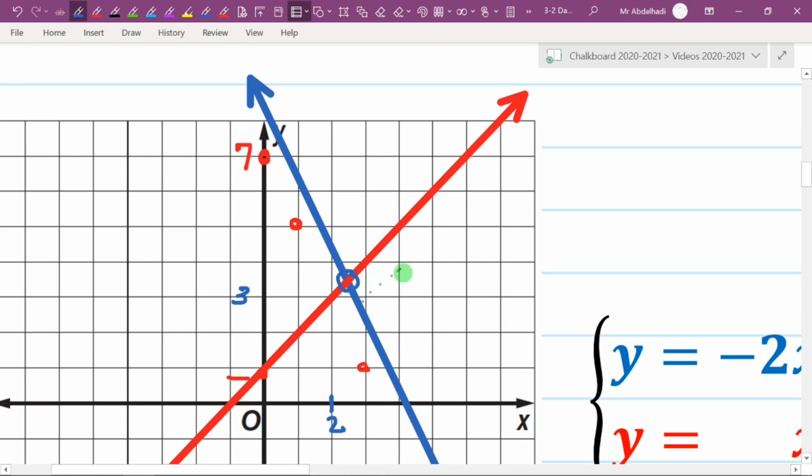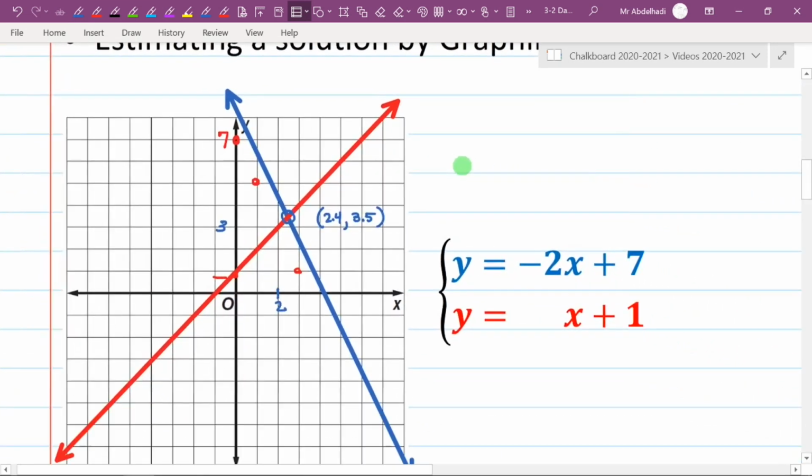It looks more like, I don't know, maybe 2.4, comma, it looks like 3.5. But at that point, you are just guessing. You're ballparking based on what you see. And that's why solving a system by graphing is not always a great idea, because you can't really tell with any kind of certainty what the exact points are.